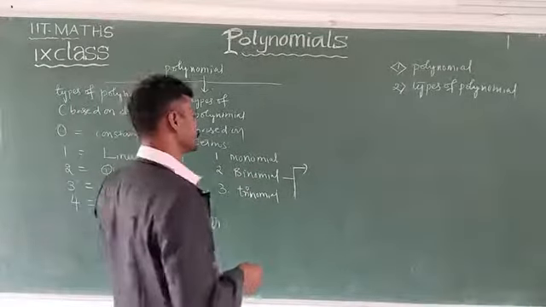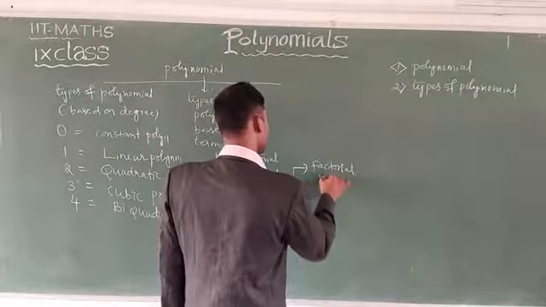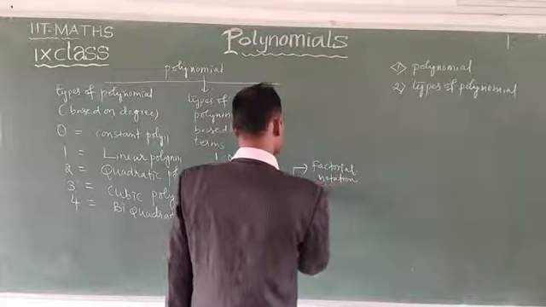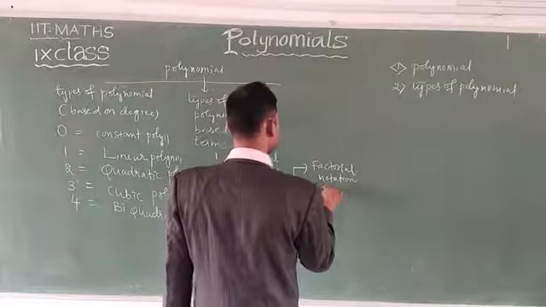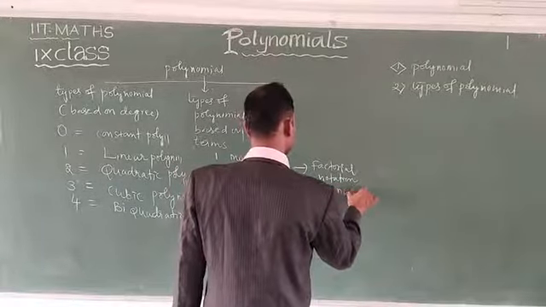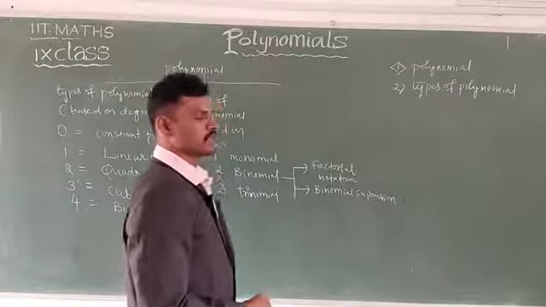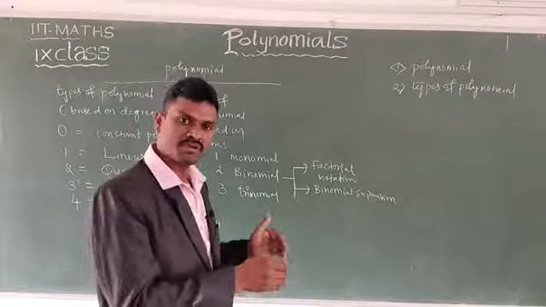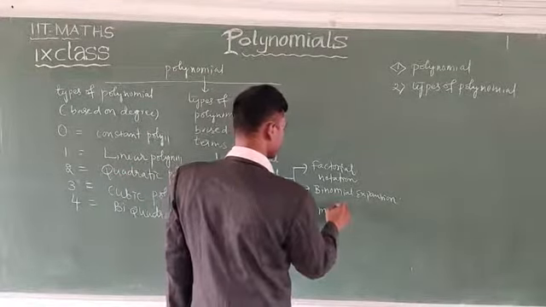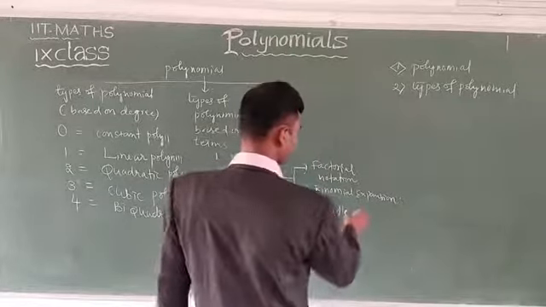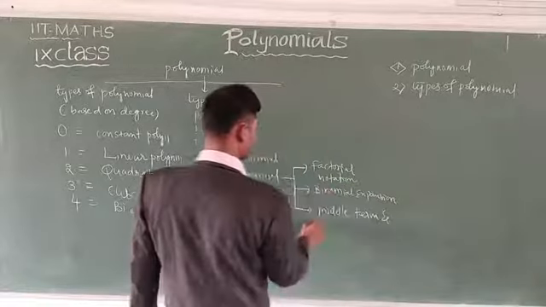Here we have to discuss factorial notation, and second one is binomial expansion. In this binomial expansion we have to find the middle term and general term.